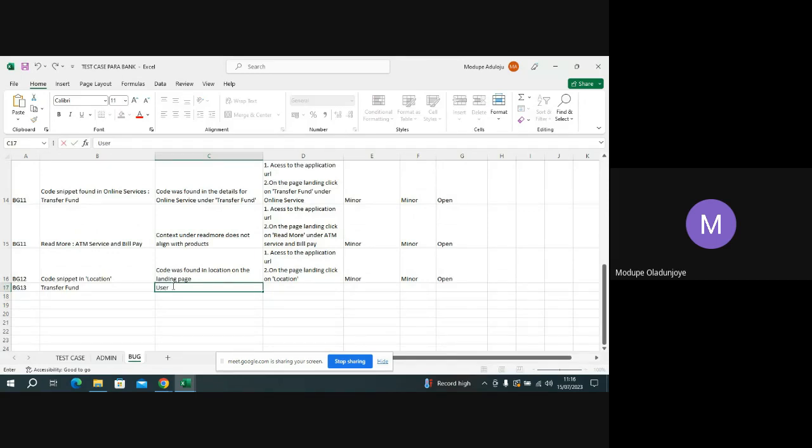User can transfer fund. Same account. From one account to same account.